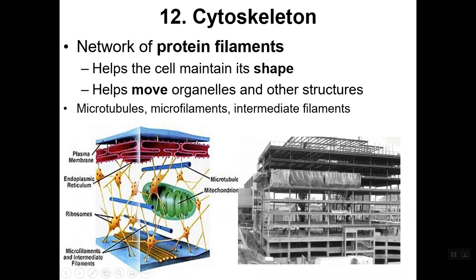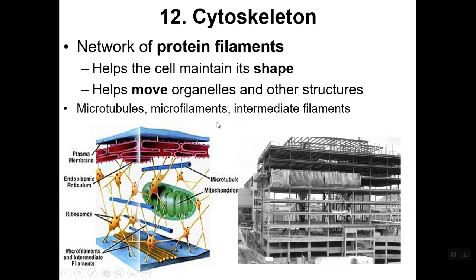Cytoskeleton is kind of like the structural girders of a building, like the beams that you might see as a building is first going up. They provide structural support for the cell, and they also provide a space, like a little highway, for things to move around the cell on. They're kind of like a little roadway as well. They are made of proteins, and there are different types. You have microtubules, microfilaments, intermediate filaments.